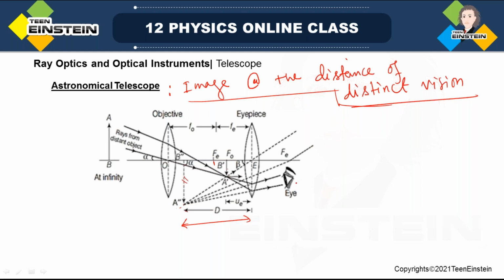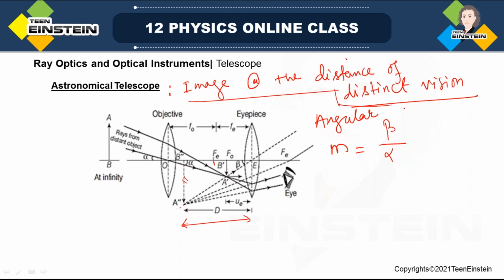So what is the angular magnification? We have discussed it already. Magnification is denoted by small m, and angular magnification is given by beta by alpha.